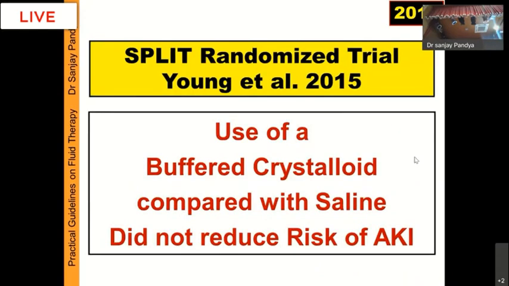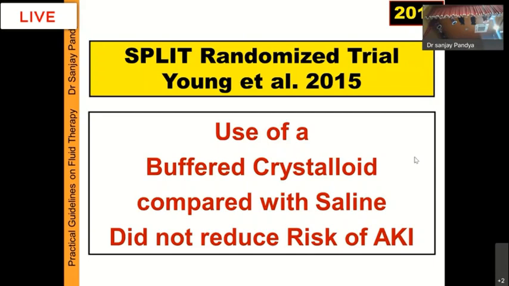Moreover, what are the evidences which help us to continue normal saline? In 2015, the SPLIT randomized trial: use of buffered crystalloid compared with saline did not reduce risk of AKI.